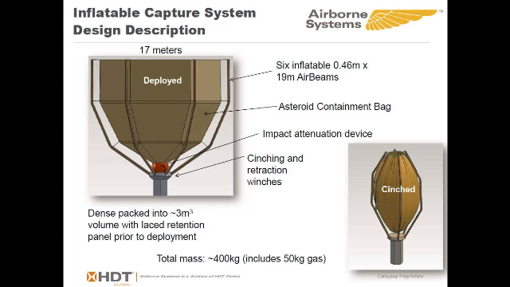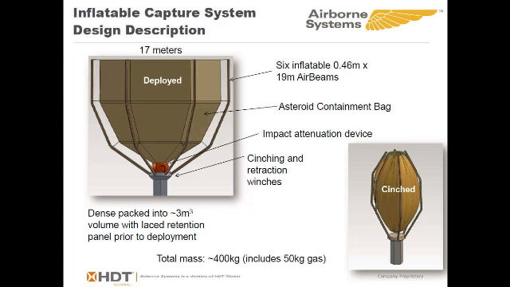They're about 18 inches in diameter, about 19 meters long. The asteroid containment bag, again, is a Vectran material, very resistant to abrasion. And so as the air beams deploy, they put that bag in tension and hold the bag open to its required geometry.